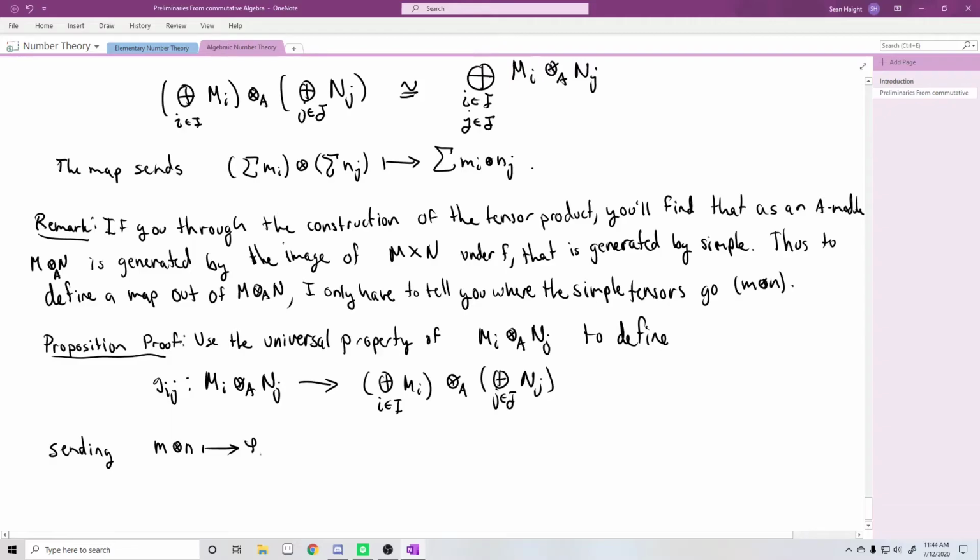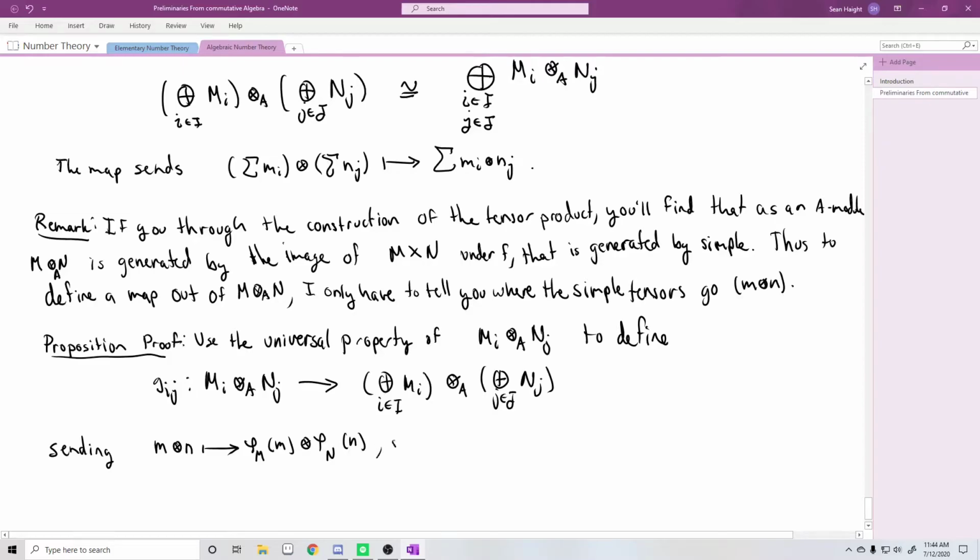It embeds here by being the identity in the ith component, but everywhere else it's 0. I'm going to call this embedding phi_m of m tensor phi_n of n.